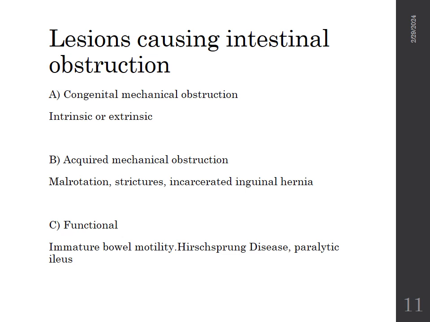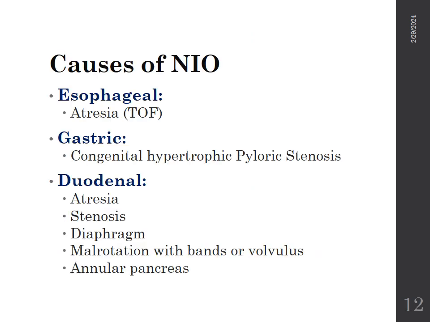There is another classification for intestinal obstruction, according to the anatomy. If we classify according to the gastrointestinal tract, first of all, it may be an esophageal cause such as esophageal atresia or tracheoesophageal fistula, whether TEF or TOF. A gastric cause such as congenital hypertrophic pyloric stenosis may lead to intestinal obstruction.